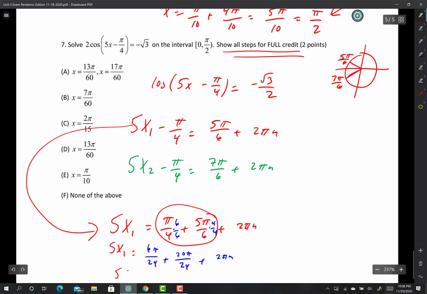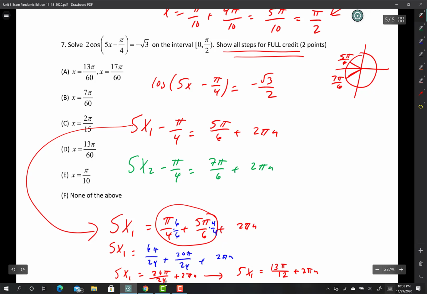And then you get this, 5x1 equals 26 pi over 24 plus 2 pi n, which reduces to, let's see, 2 goes into 26 13 times, 2 goes into 24 12 times. So 5x1 equals 13 pi over 12 plus 2 pi n.